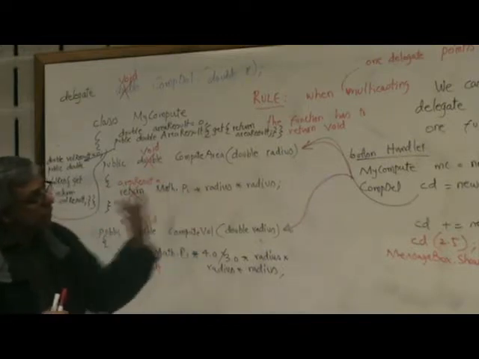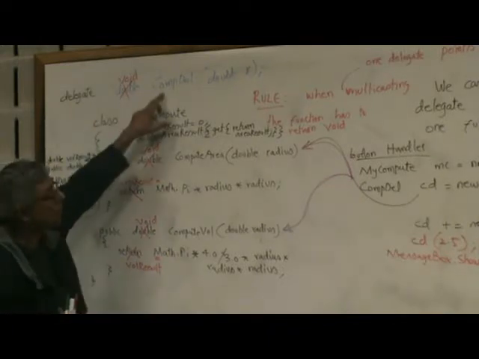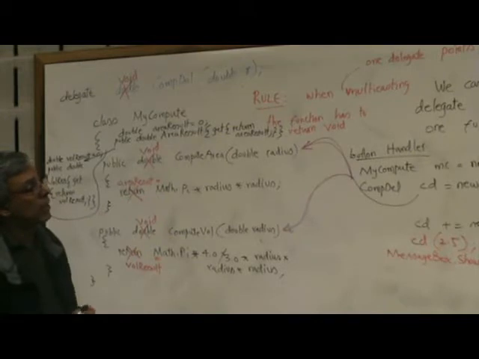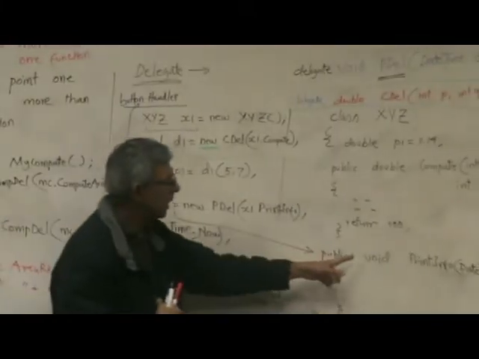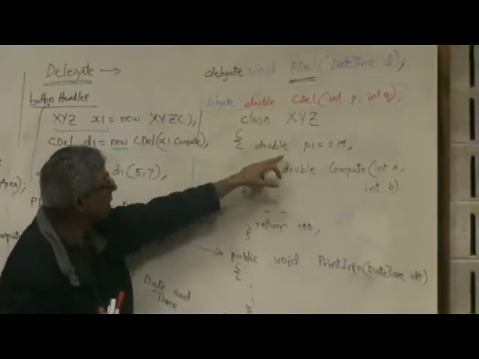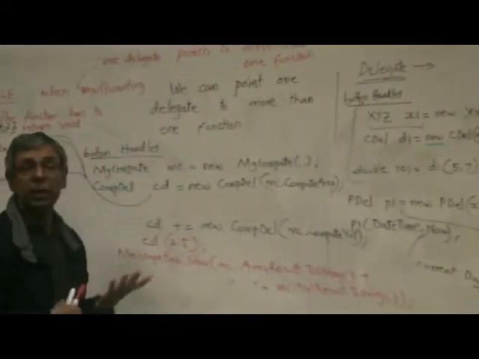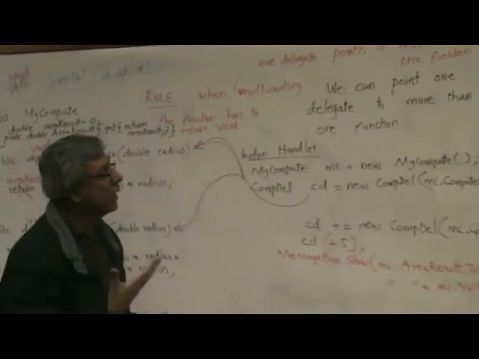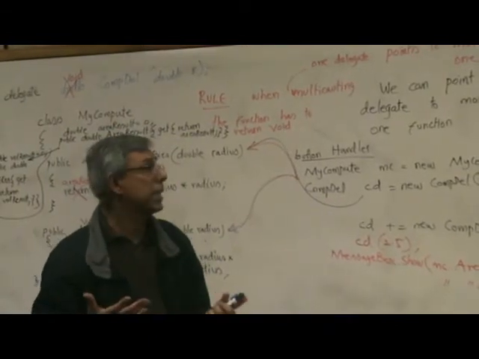So just like we can create our own delegate, like we created, for example, compdel, or like we created, for example, over here, a delegate for pointing to the print info, or delegate for pointing to compute over here, right? So just like we can create our own delegate, in the .NET library, there are many delegates that are pre-created, okay?